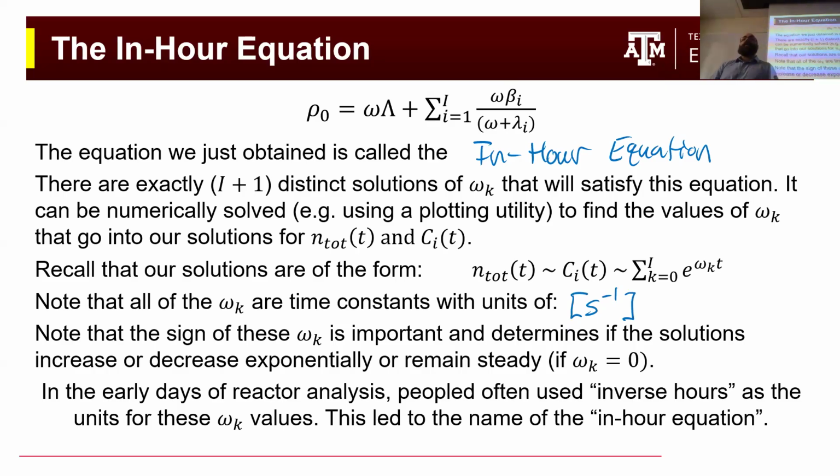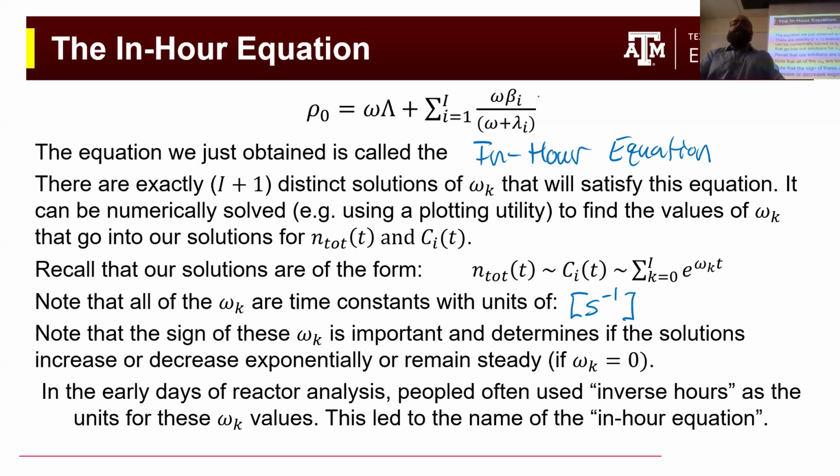If the sign is positive, like if omega k is a positive number, our functions are going to increase exponentially with time. If the omegas are negative, our system is going to decrease exponentially with time. And if omega is zero, then we have e to the zero, which is a constant, so our system is going to stay constant with time.